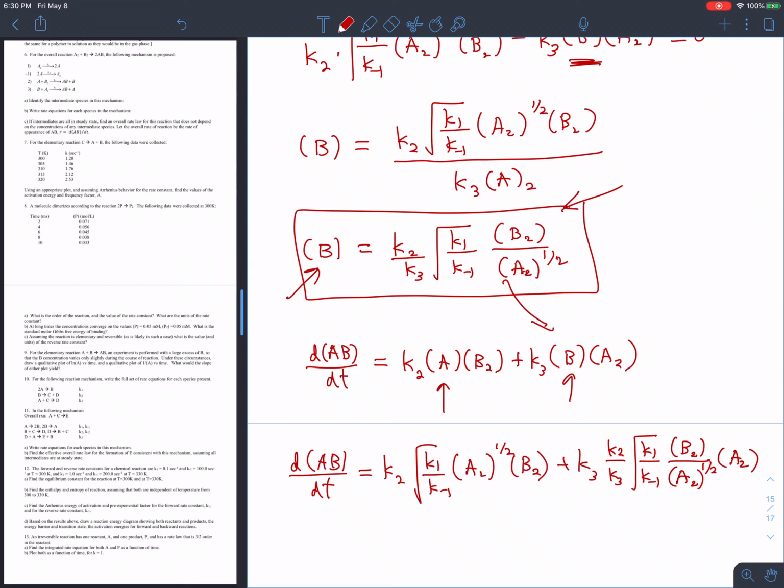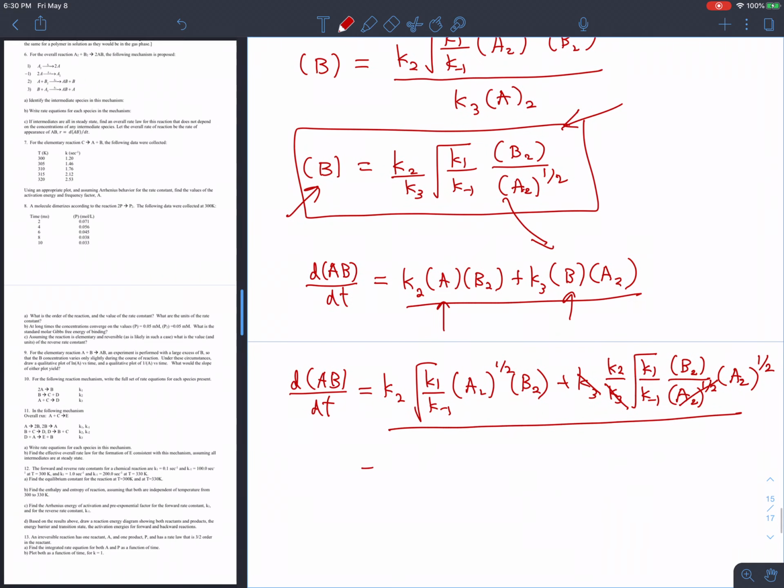That A2 divided by A2 to the 1/2 power just gives me A2 to the 1/2 power on top. This K3 cancels with that K3, and now look, the two pieces of this are the same, and so we just get that it's equal to 2 K2 square root of K1 over K minus 1 times A2 to the 1/2 power times B2, and that is our rate law.